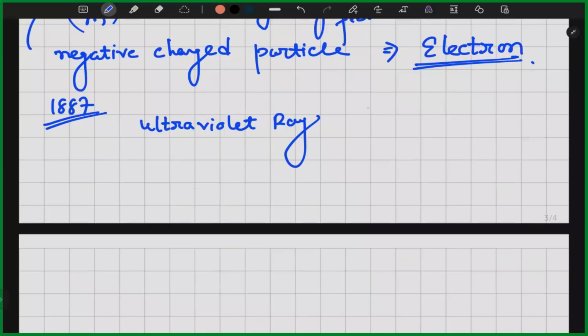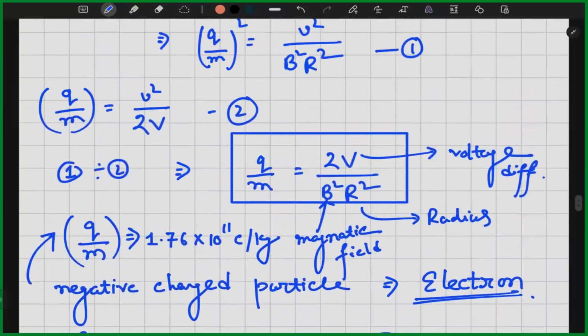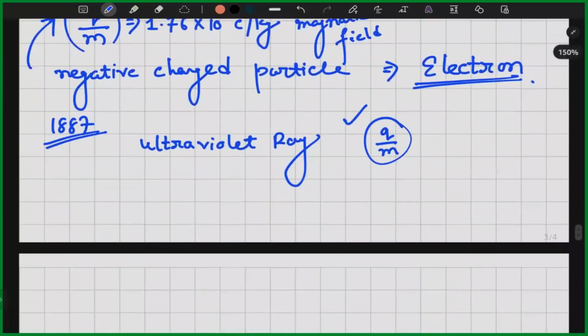For that particle also the same q by m was obtained. In that case the velocity is less than in the cathode ray, but the q by m remains the same, which indicates that the particle is the same.